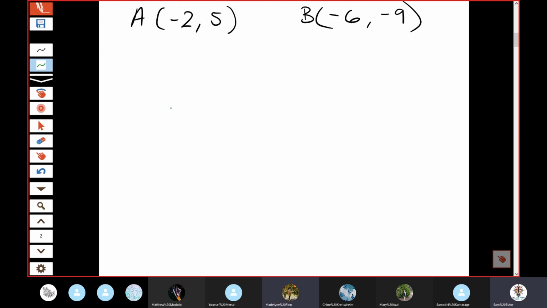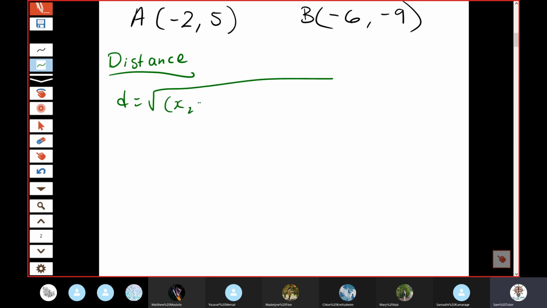Okay, so let's see. What happens here? Distance. Let's find the distance between A and B. All right, the formula is this. I'll write it down for you for now. Okay, can somebody tell me what would x1 be? Let's label it.